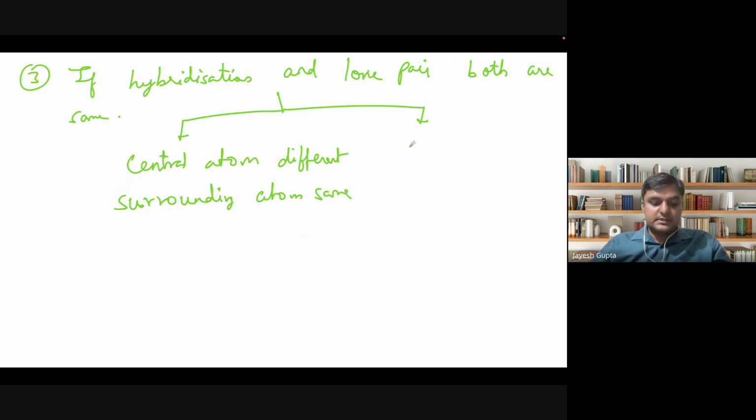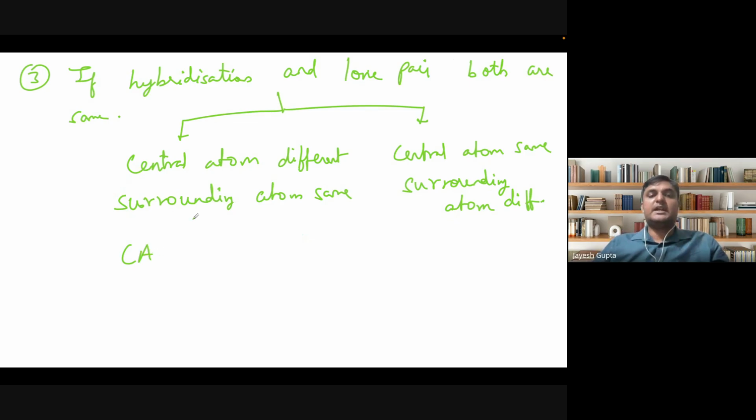And in the other case, the central atom is the same and the surrounding atom is different. Since the central atom is different, you have to check the difference in electronegativity of the central atom.